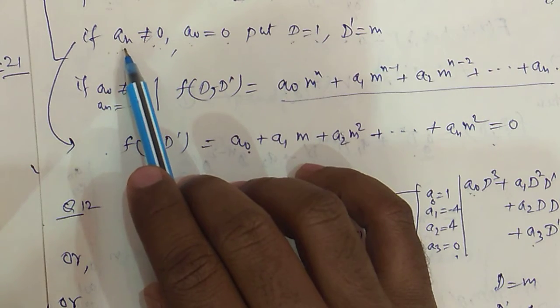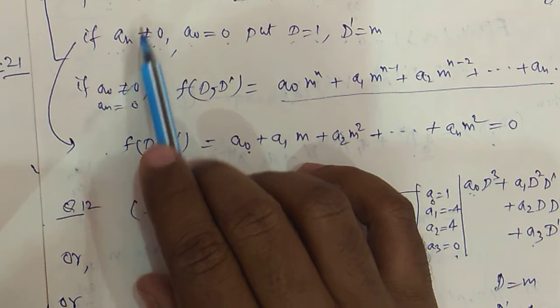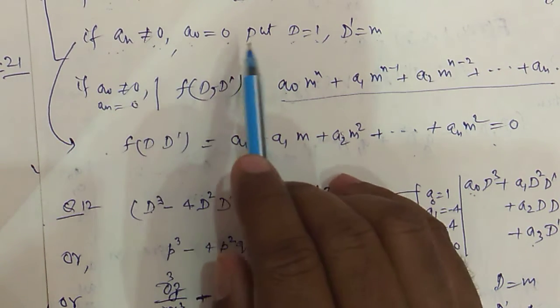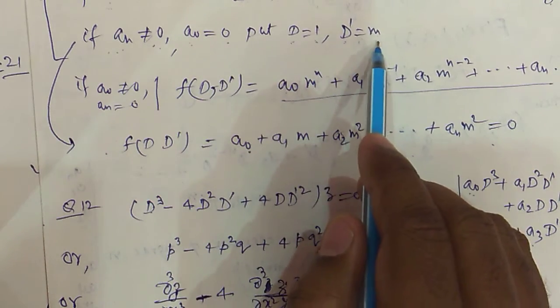If the constant an, the coefficient of D dash to the power n, is non-zero, and a0 is 0, then we put D equal to 1 and D dash equal to m.